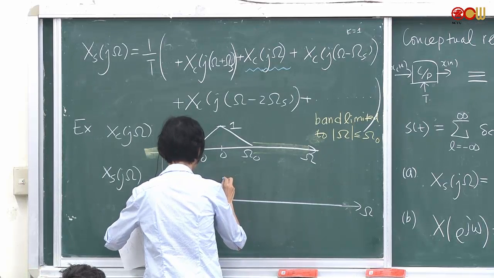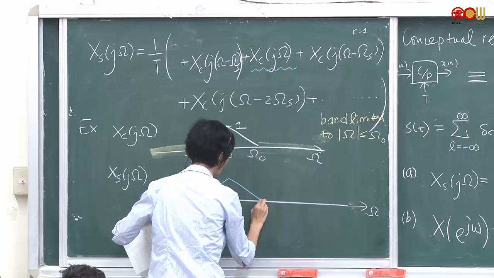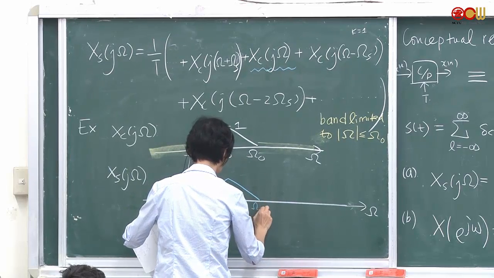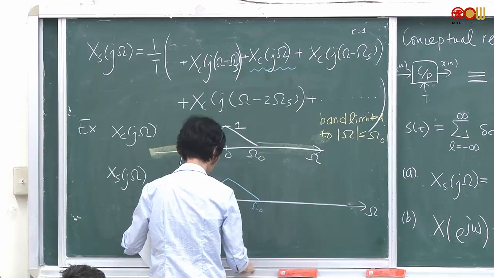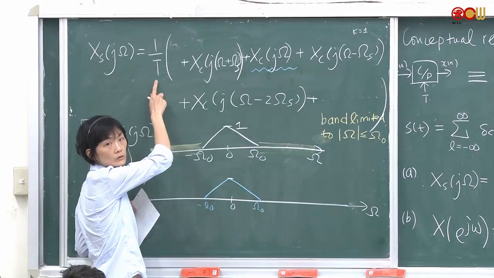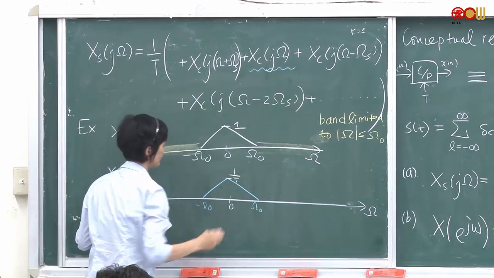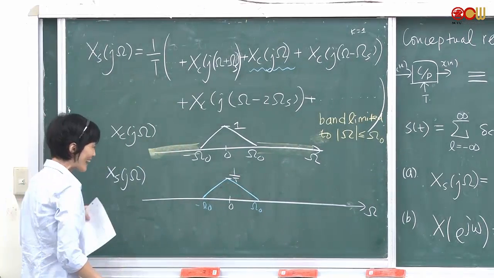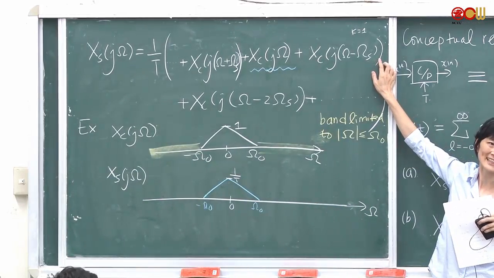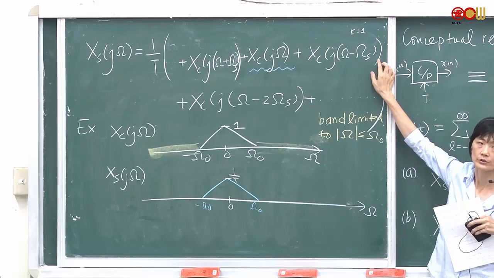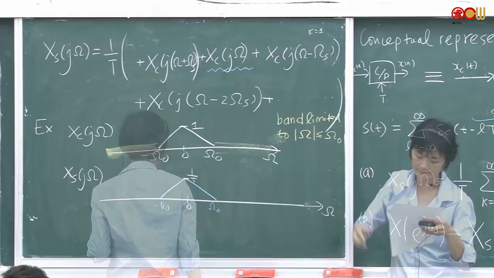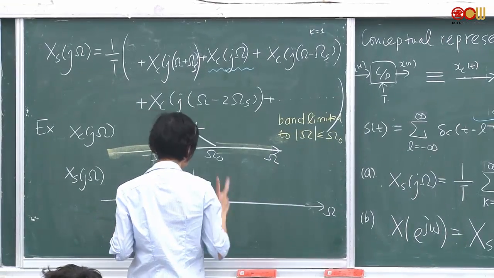This is ω_0, and this is −ω_0. The height will be scaled by this factor. And then there is a shift of X_c, shifted by ω_s.